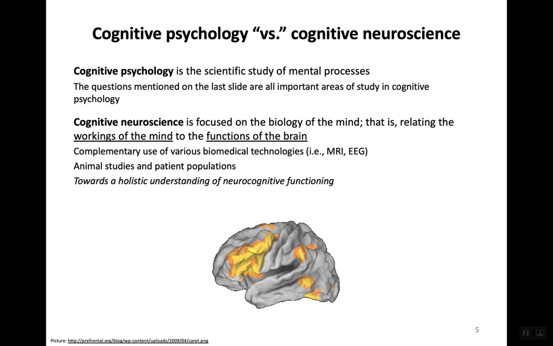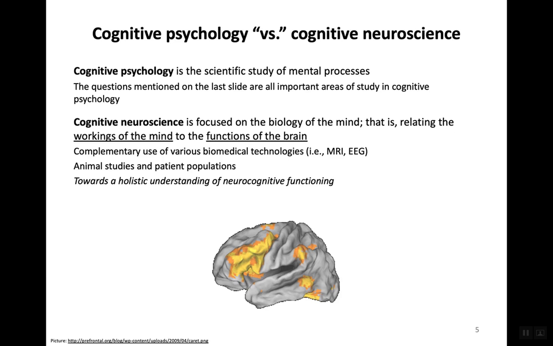And this brings me to an important distinction, which is fundamental both at a theoretical level and at the level of administration, right? There is a course in cognitive psychology offered by our department, in as much as we have an introduction to cognitive neuroscience, which you are presently attending.